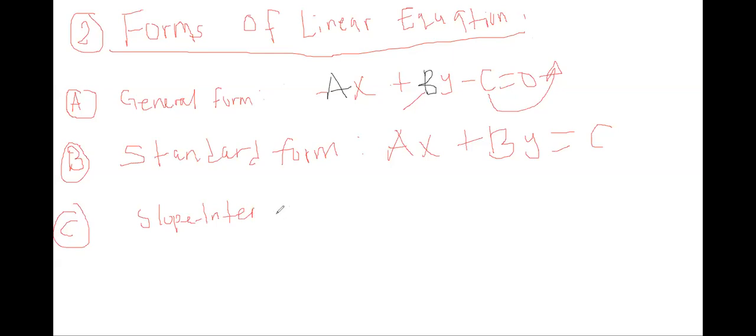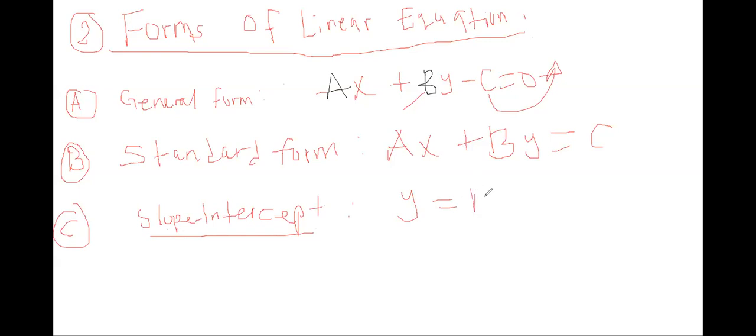Slope intercept form, this is how demand and supply and other applications, the models in economics, most times they use slope intercept form, but we will talk about this later as time goes on. When they talk about slope intercept form, normally it's written with y made the subject of the formula.